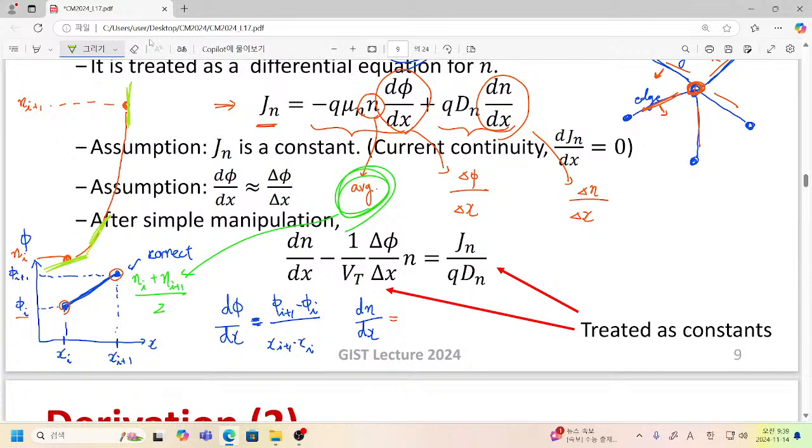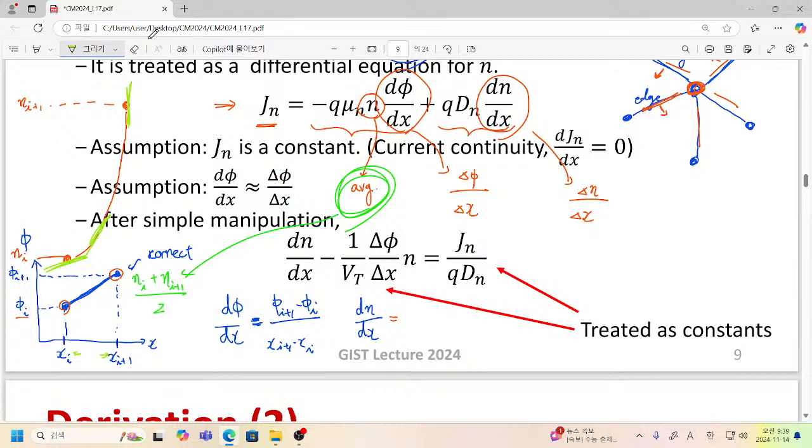This question is really difficult to answer, because even in this case our electron density shows quite a rapid increase or sometimes a rapid decrease. So the slope itself becomes a function of position even within this interval.